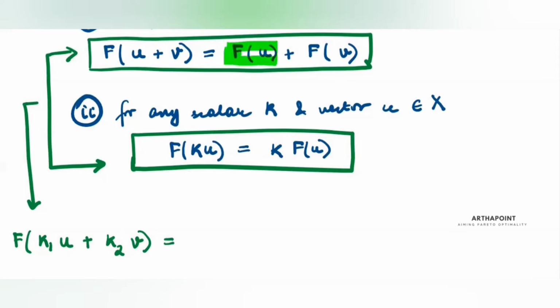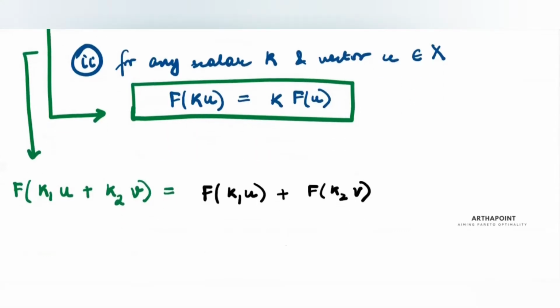That you should be able to add them individually. So I should be able to add them individually. What do I get? f of k1u plus f of k2v.